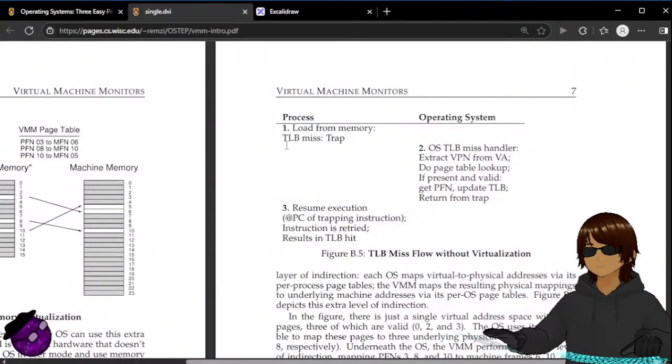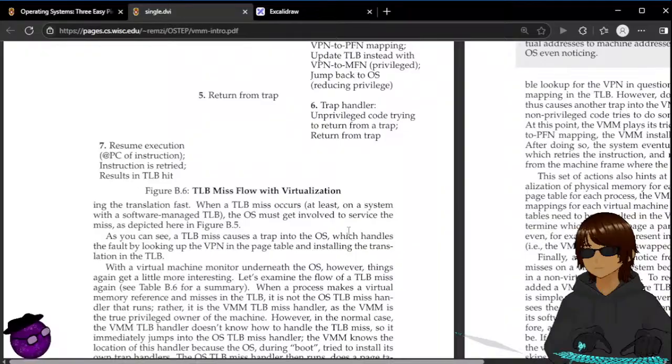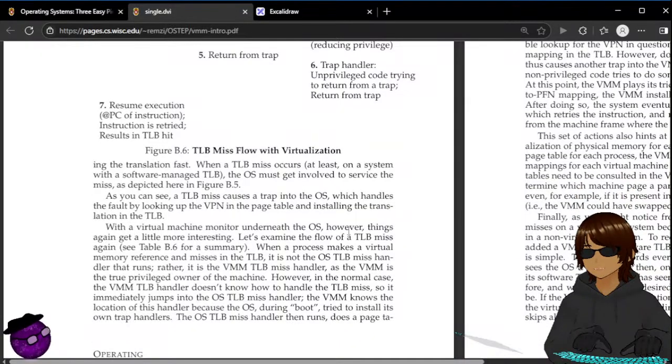So: load from memory, TLB miss trap, OS TLB miss handler extracts the VPN from the virtual address, does a page table lookup, and if present and valid, gets the PFN, updates the TLB, returns from trap, and then resumes execution. As you can see, a TLB miss causes a trap into the OS which handles the fault by looking up the VPN in the page table and installing the translation in the TLB.